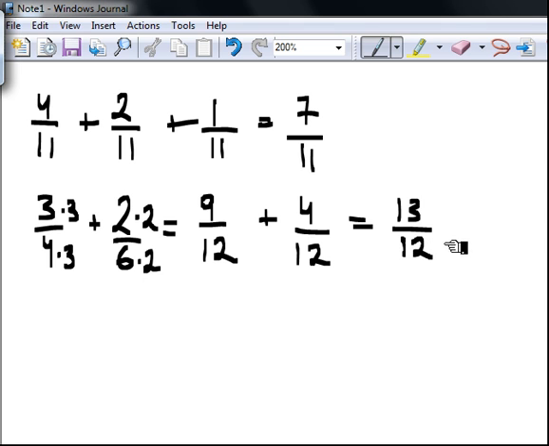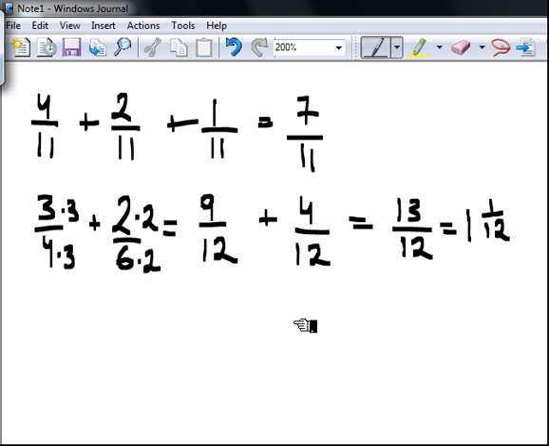And depending on the exercise, maybe it says that you should write your answer as a mixed number. So then, since this is an improper fraction, because the number up here is larger than the number down here, we can write that as 1 whole and 1/12.